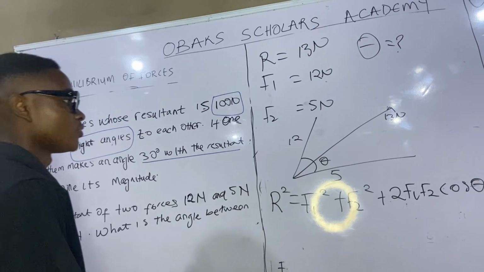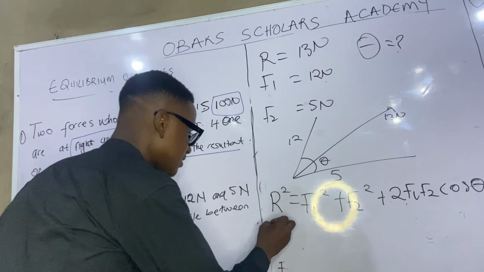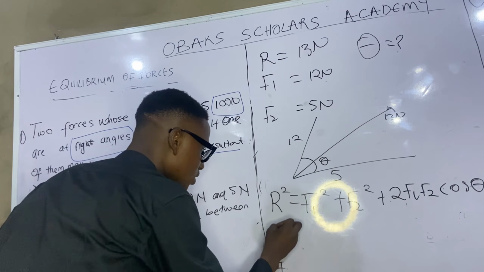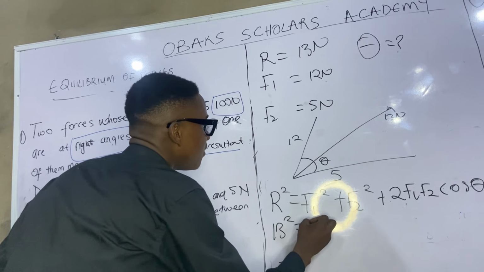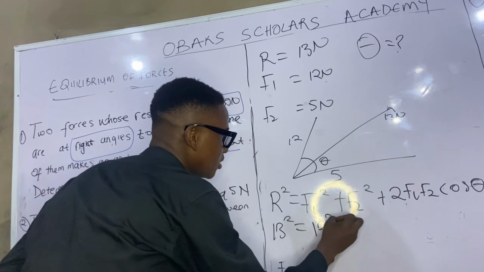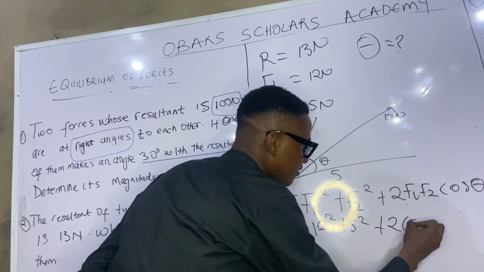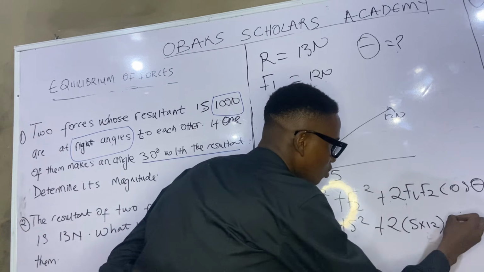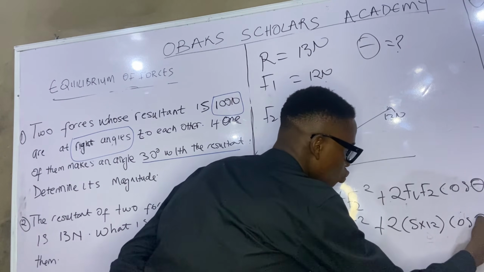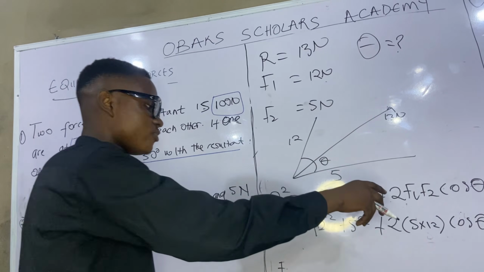It's that simple. So what is the resultant? 13 Newton. So that will be 13 square equal to 12 square plus 5 square plus 2 times 5 times 12 cos theta. We don't know theta, we are looking for theta.